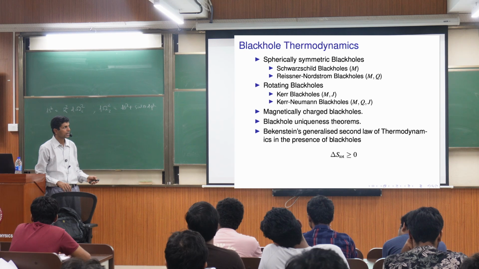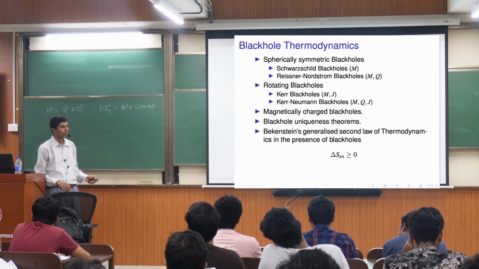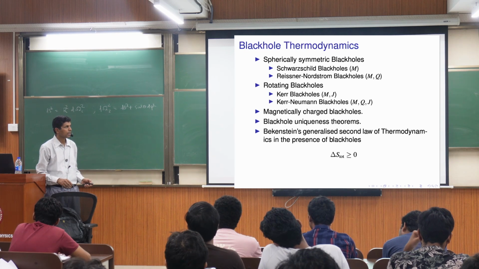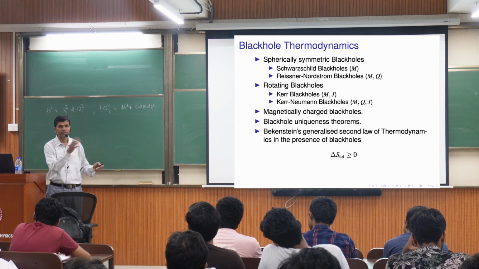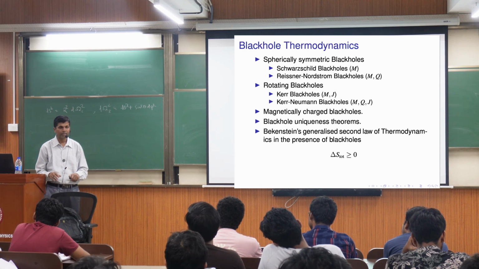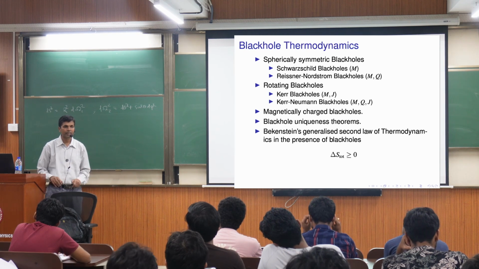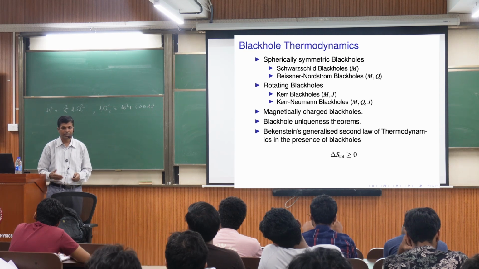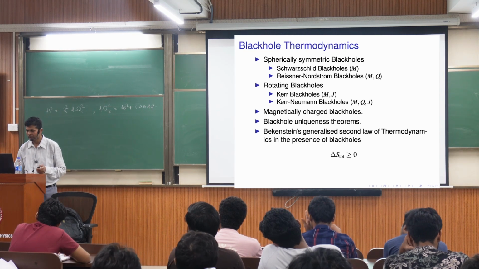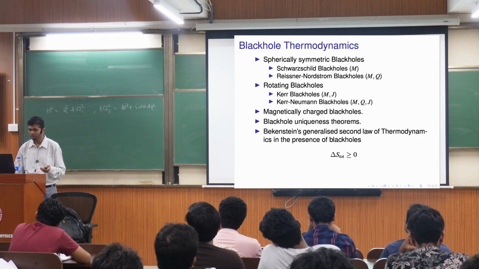But the black holes are parameterized by a finite number of parameters. So all this entropy actually goes into the black hole and then it is lost. So it looks like in the presence of a black hole, the entropy can in fact decrease. But the second law of thermodynamics, he said, cannot be violated.